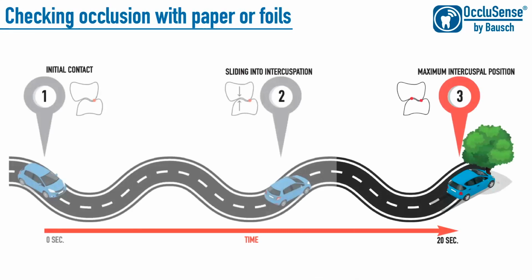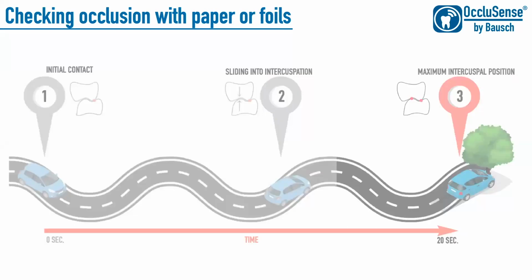So when you're looking at the occlusion of your patient with occlusion paper, to get from checkpoint 1, which is the very initial contact on antagonizing teeth, to checkpoint 2, which is the pathway in between initial contact and maximal intercuspal position, through to checkpoint 3, the maximal intercuspidation, you would have to continuously monitor the pathway from point 1 up until point 3 for an exact understanding of the three-dimensional process.